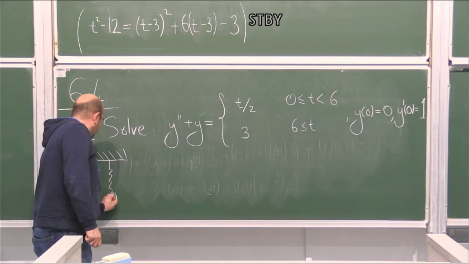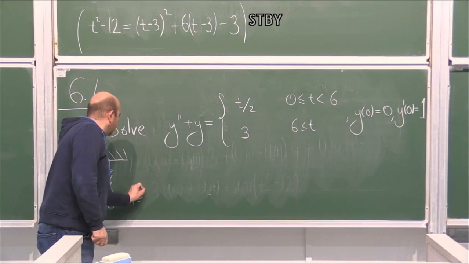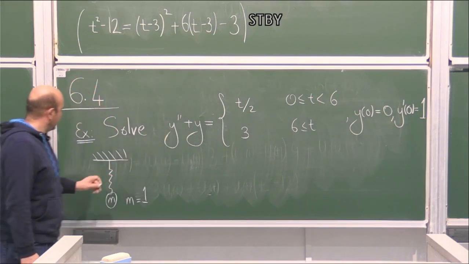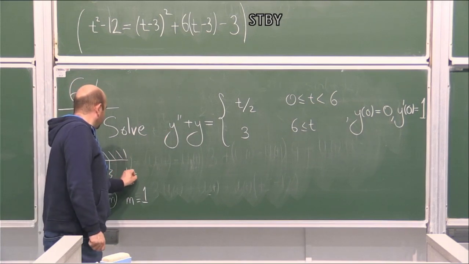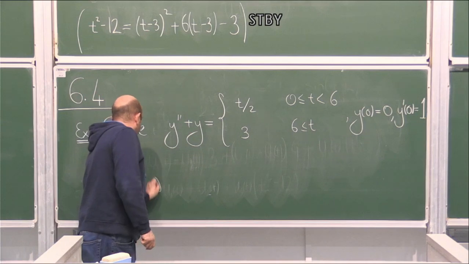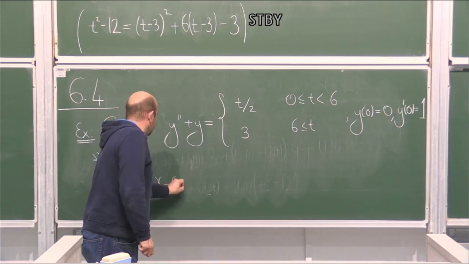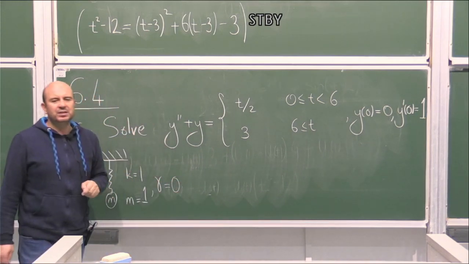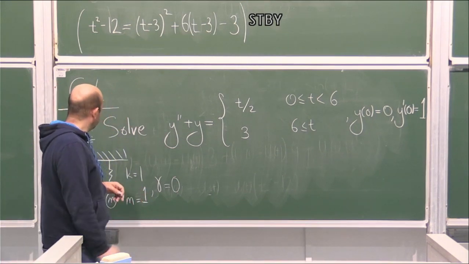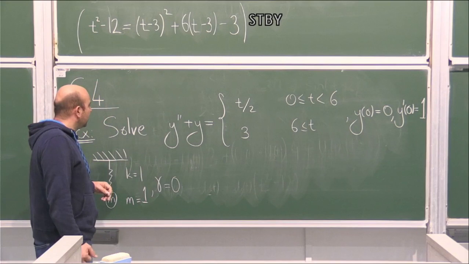Here m is equal to 1, which is the coefficient of y double prime, and k is equal to 1 again, which is the spring constant. And gamma is 0, so it's an undamped spring-mass system with m and k equal to 1 unit.